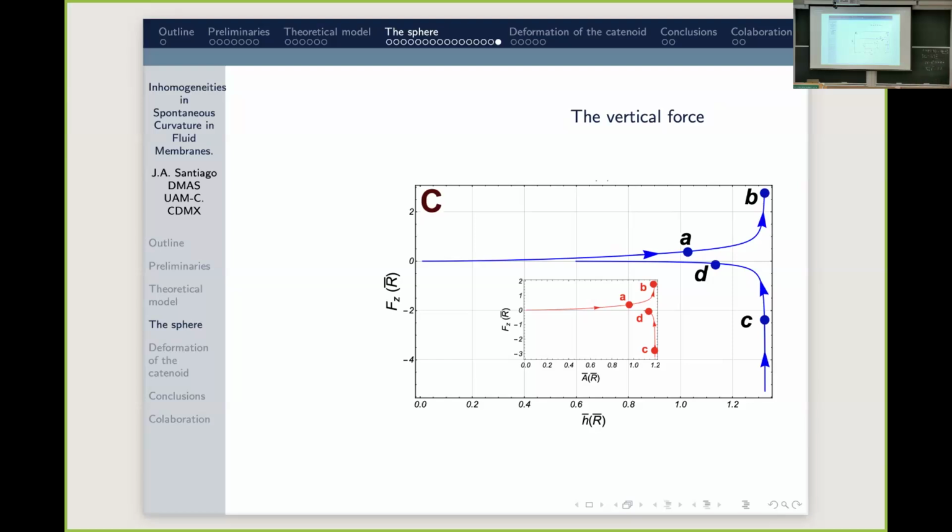Then you pass to this distribution, right? This kind of catenoid. But in this case, we have the nature of the forces acting because of the spontaneous curvature inhomogeneities, right?